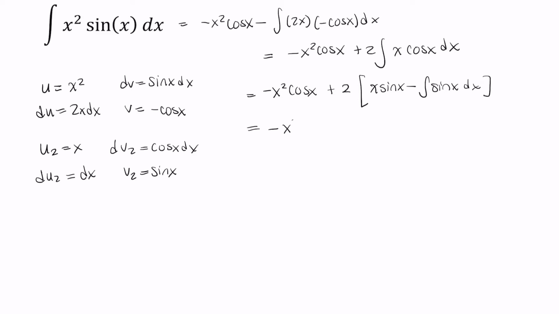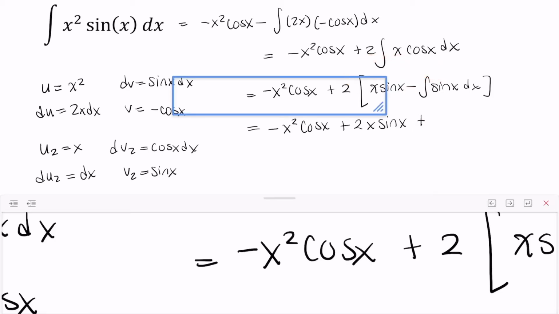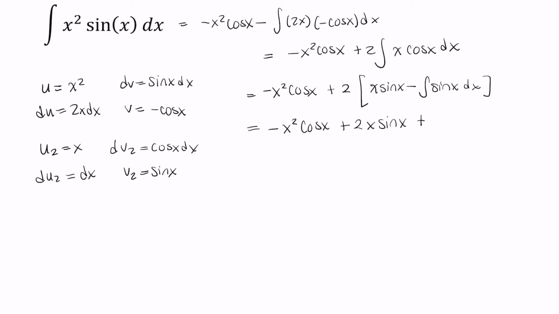And so this is negative x squared cosine x plus 2x sine x minus, and then the integral of positive sine x is negative cosine x, and I have a negative up front, so I'm going to make that into a positive, and then I have to remember to distribute this 2, so that gives me 2 cosine x plus c.